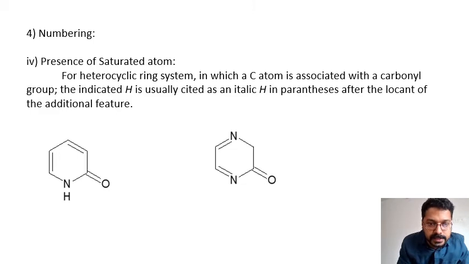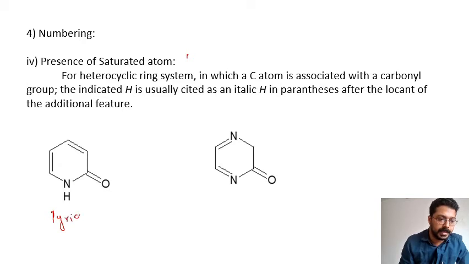if you take the first example, it is pyridine. The compound is pyridine, and there is a carbonyl group, so it is pyridinone. You can see that the additional feature is the suffix -one, the carbonyl group, and the indicator hydrogen is located after the additional feature.